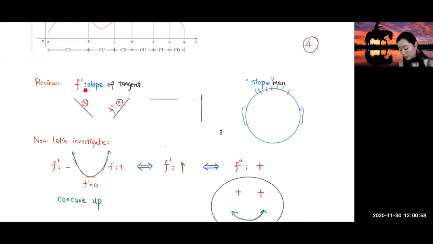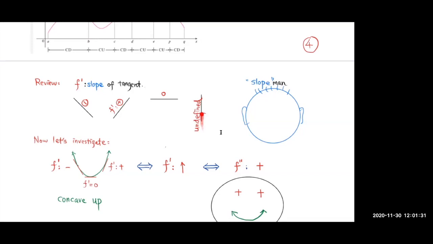So when the slope of the tangent is positive, then the function is increasing, and vice versa. When the line is horizontal, the first derivative will be equal to 0. What happens to the derivative when you have a vertical line? It is undefined.